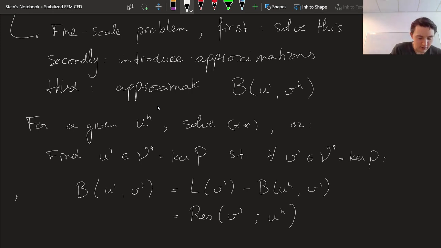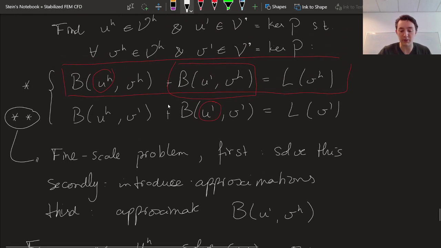Okay, I'll give this equation 3 stars. And now our objective is to solve this equation. What we want is to obtain a relation for our fine scales for a given coarse scale. And in the end, that's what we'll substitute into that remaining term here that we're trying to treat.